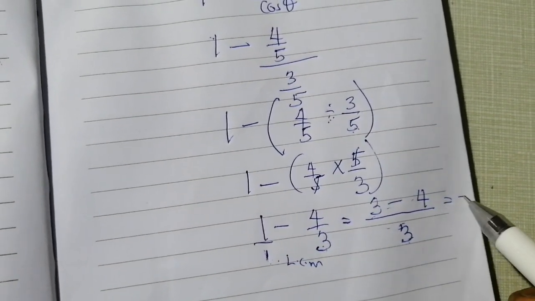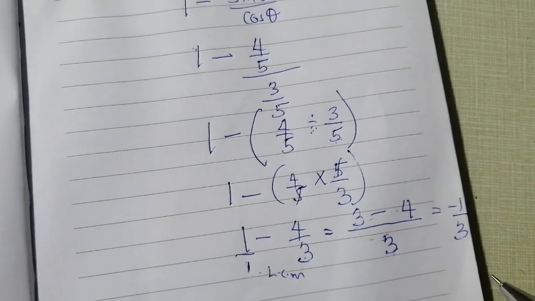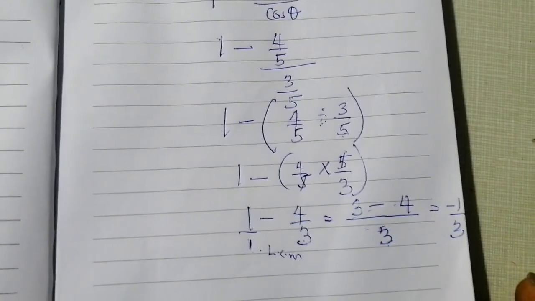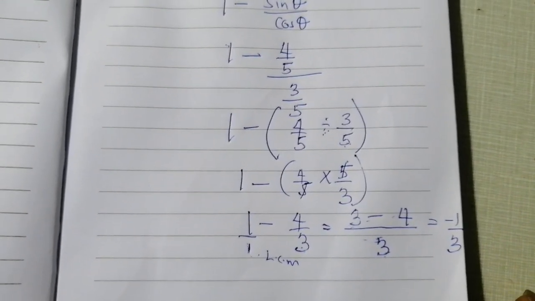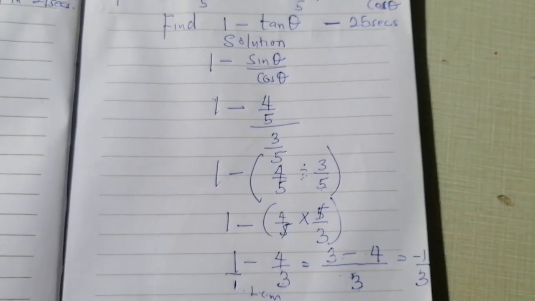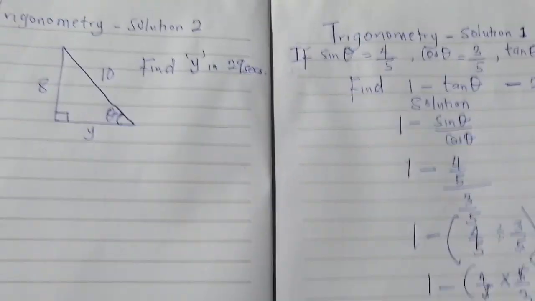So the answer is minus 1 over 3. Most times, you don't get negative when you are solving trigonometry questions, but make sure you get your answer correctly. It's very simple. So let's move to the other one.